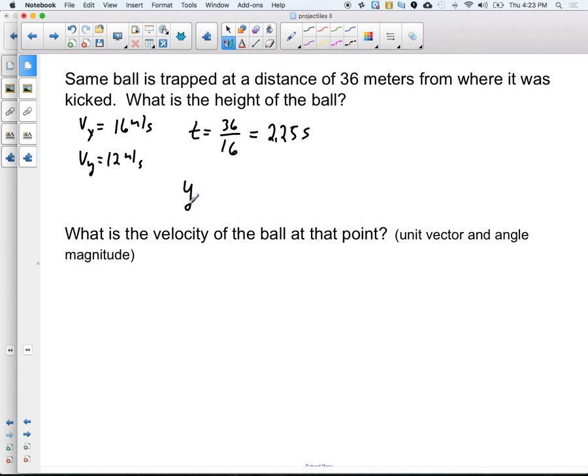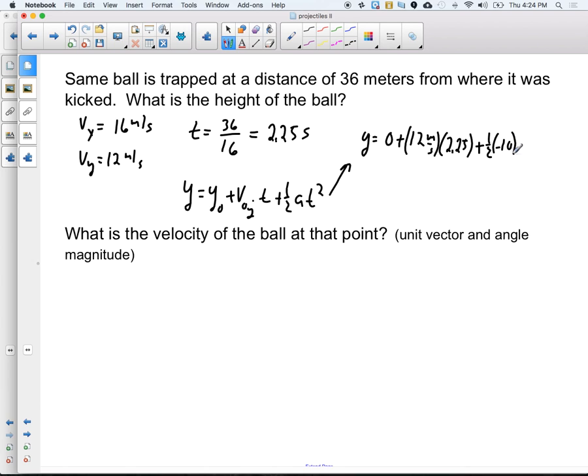And from that, I can calculate the height. So y is y0 plus v0 in the y direction times t plus 1/2 a t squared. So that looks like y is equal to 0 plus 12 meters per second times 2.25 plus 1/2 minus 10 times 2.25 quantity squared.